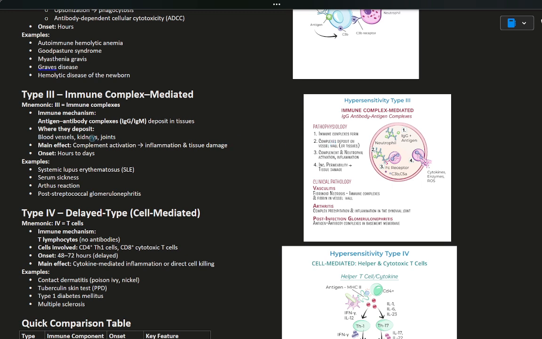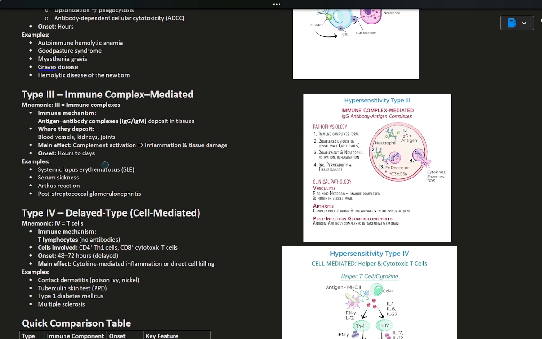And they can also deposit in kidneys and joints. So there are a lot of places where these immune complex deposits can be found. But what's important to remember is that there's going to be complement activation, so the activation of the complement proteins. And then that's going to lead to the inflammation and tissue damage. And the onset for this can happen from hours to days.